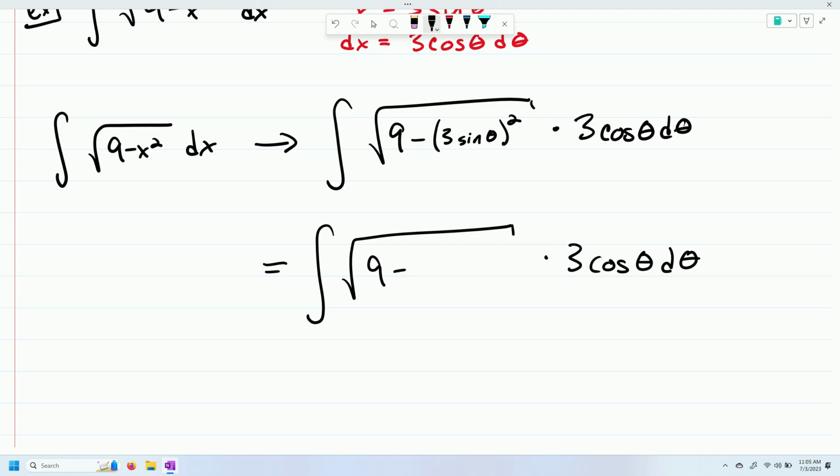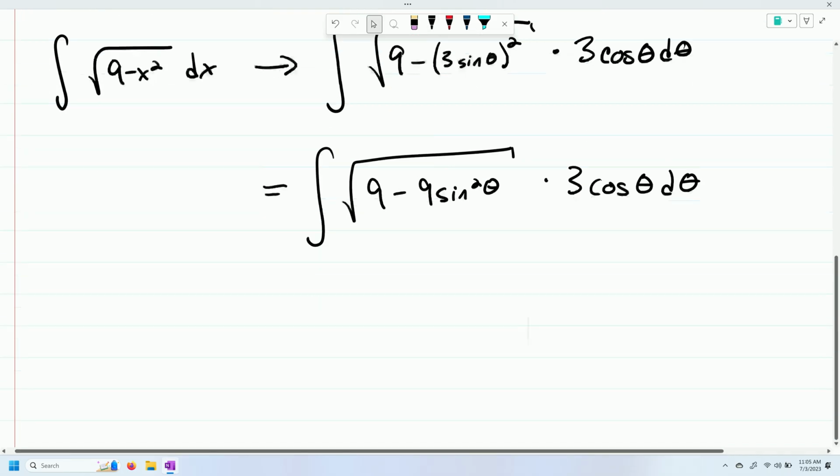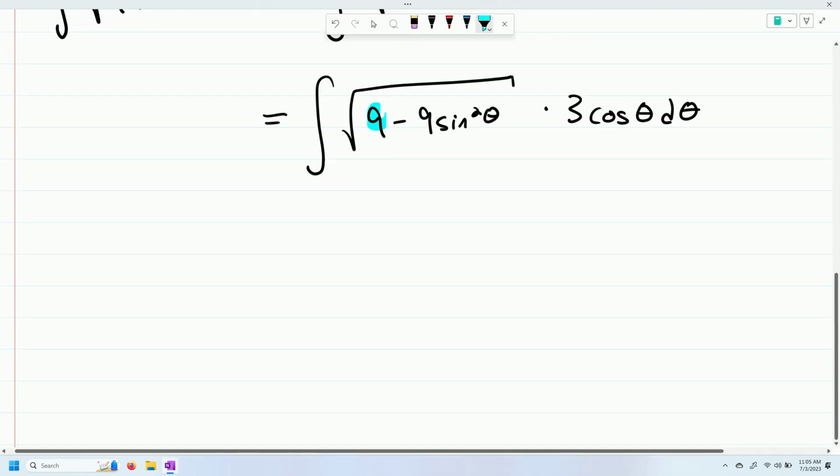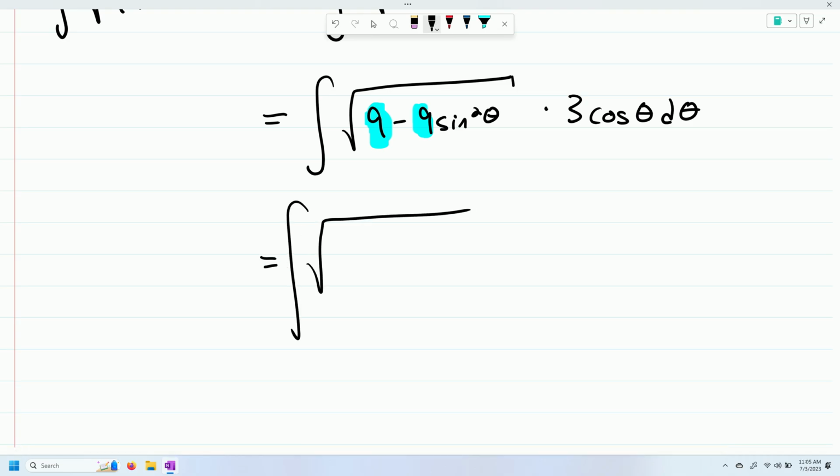So that gives me 9 minus 9 sine squared theta. Next, both terms underneath the radical have a 9. So we get the integral of 9 times 1 minus sine squared theta times 3 cosine theta d theta.